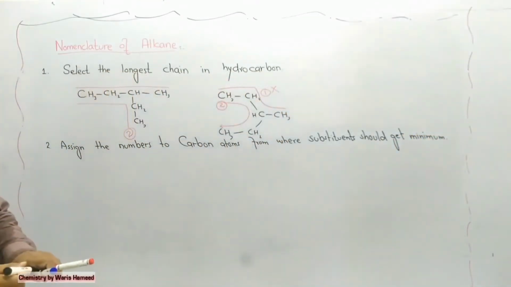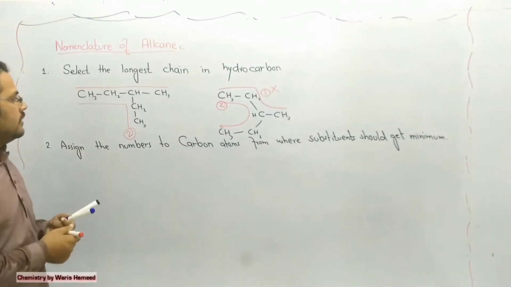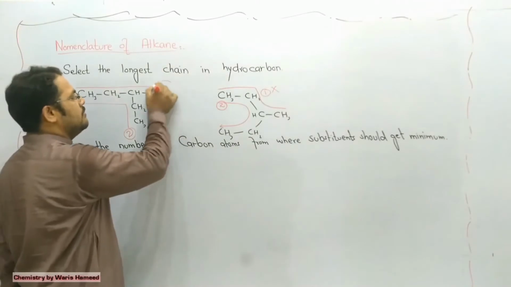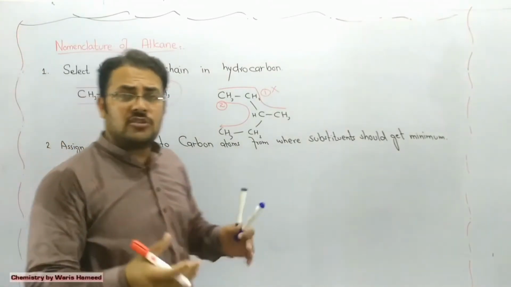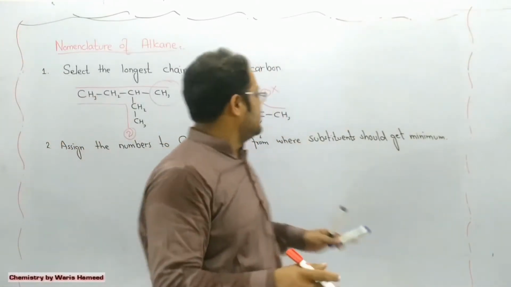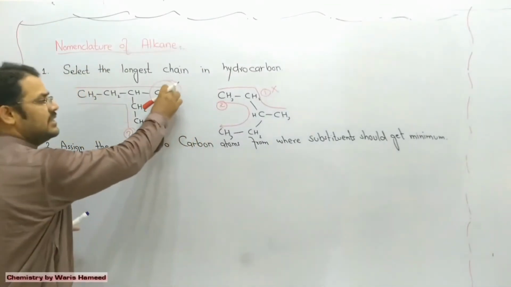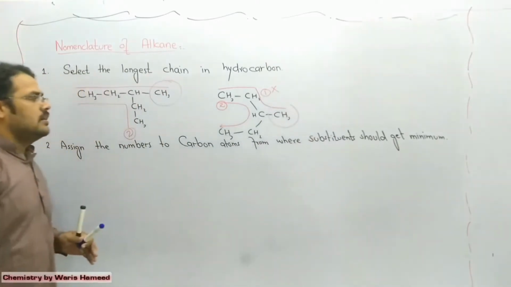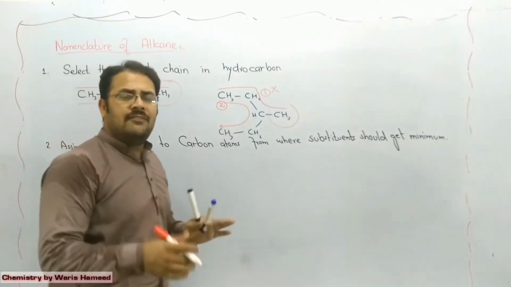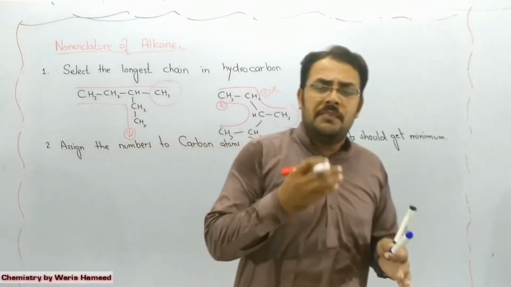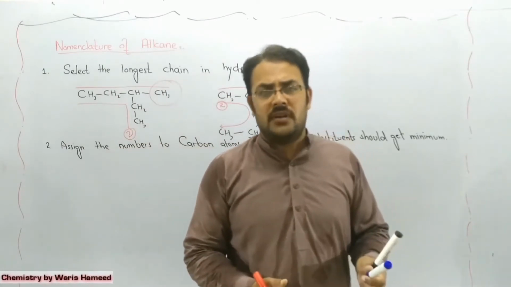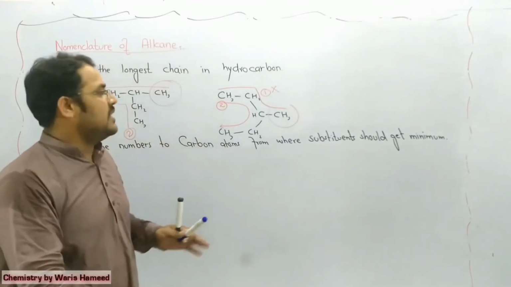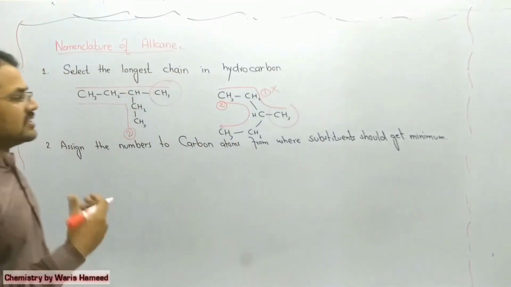Now looking at the above examples, what are substituents? Substituents are the branches or those groups which are attached to the parent chain. In this case, this CH3 is a substituent, and in this case, this CH3 is a substituent. Now we have to give numbers to the parent chain of the hydrocarbon and keep in mind that we have to give the lowest possible number to any alkyl group or substituent.